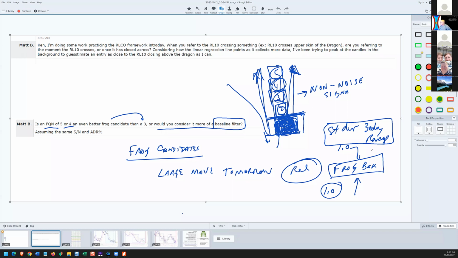In Frog 2.0 and in sniper trading in general, what we have learned over the years is that we don't have to wait for 100% certainty that this was a signal and not noise. What we've learned is that you can actually tolerate a move of about 0.3 or 0.4 of a frog box off the bottom, and then you can get an entry sooner.